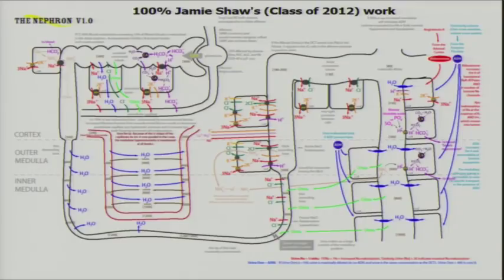As it turns out, this is Jamie Shaw, who was a Med 2 at the time he did this, and is actually now a nephrologist. He finished his training, and he joined the section this year. So there's hope for all of you then. Anyway, obviously he was clearly interested in nephrology back then, and hopefully he is now. But anyway, that summarizes everything. And he's obviously more artistic than I am on one slide.